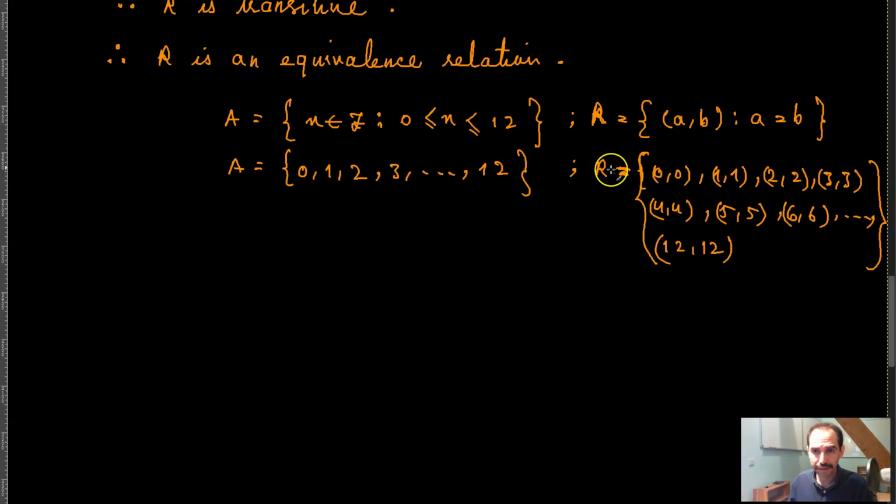Of course you can see that a comma a belongs to R for every a belonging to A. You can see that 0 through 12 and then 0 comma 0, 1 comma 1, 2 comma 2, 3 comma 3 and so on all belong to R. So you can say that R is reflexive.